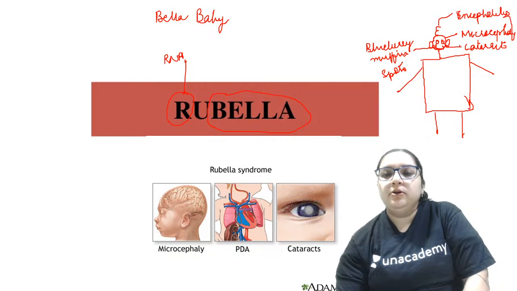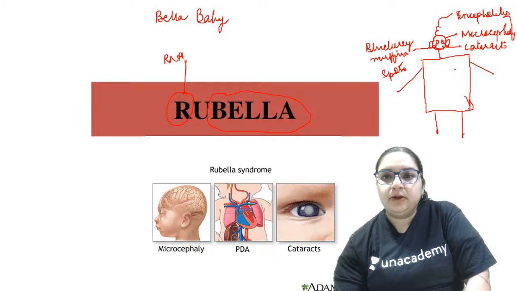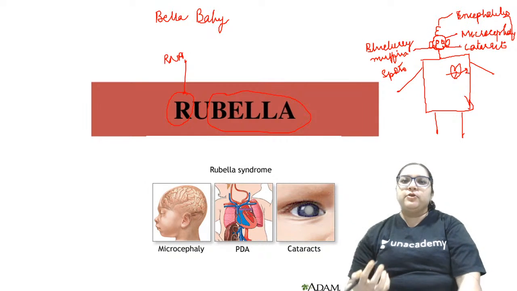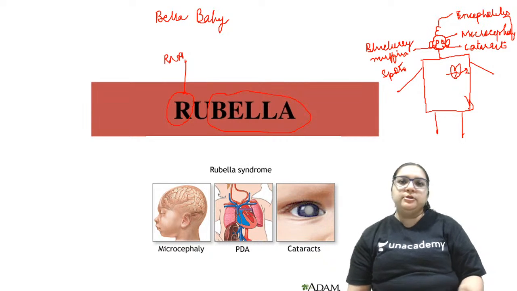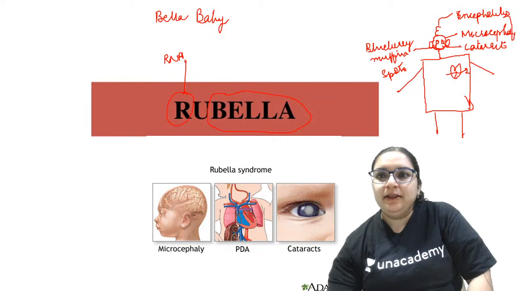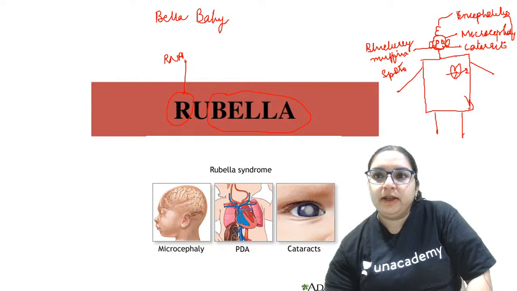Now these children often have cardiac defects. So they are beautiful girls with a heart drawn over here. They have either VSD or PS or a PDA. PDA is far more common, and they often wear a toga.